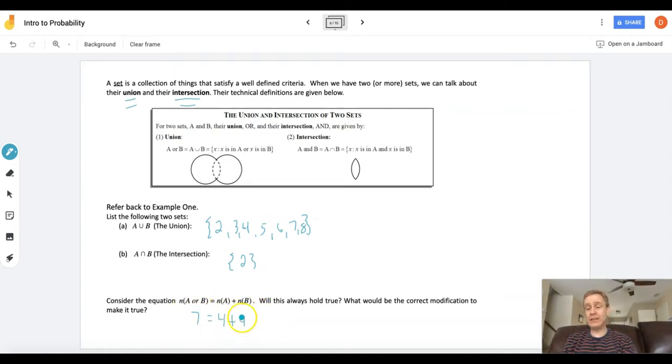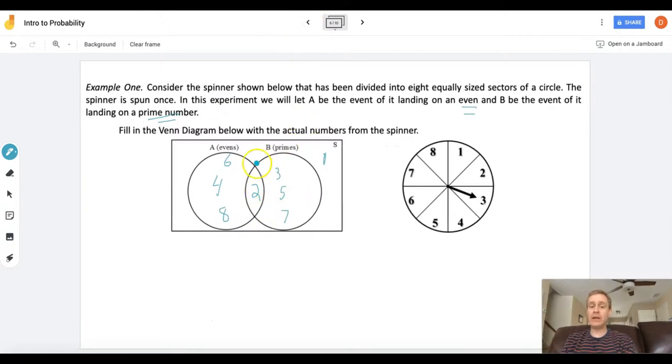And there's a reason why this doesn't equal, and will not equal in most cases, because when I counted the number of outcomes in these events separately, I double counted one particular number. The number I double counted was the number in the intersection of those two events, right? 2 was in event A, but it also is in event B, and so that got double counted.